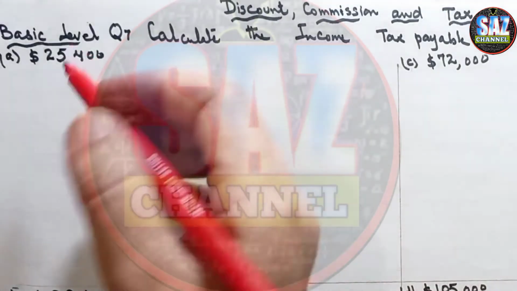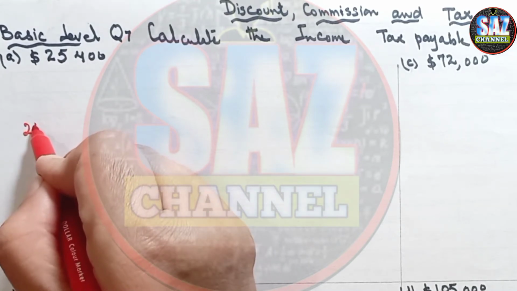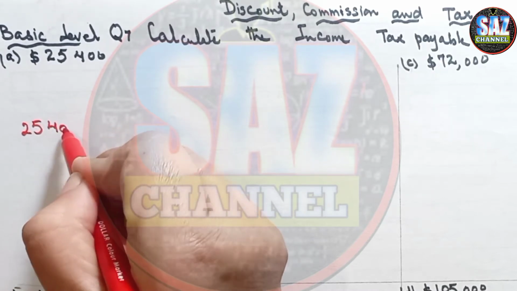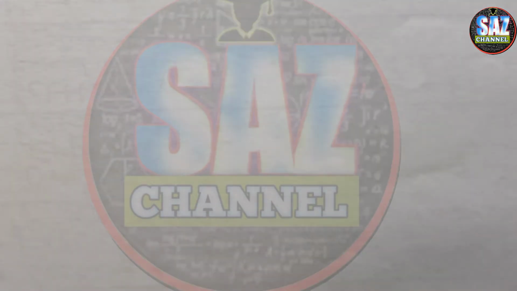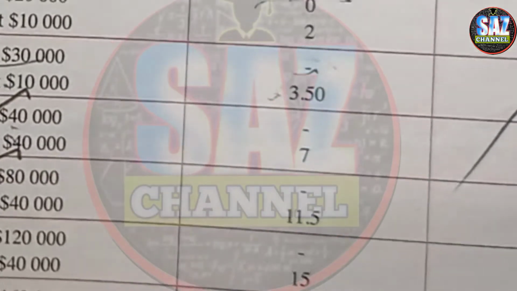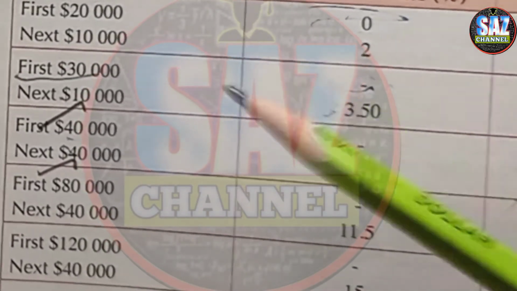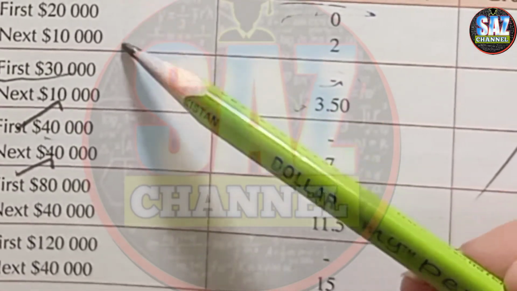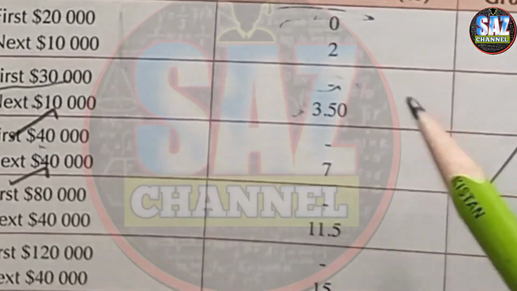We are given the amount 25,400. For this question, we have to take the reference from the table given in the book. We can see that this is the slab for which we are going to compare the amount of tax we have to pay to the government.